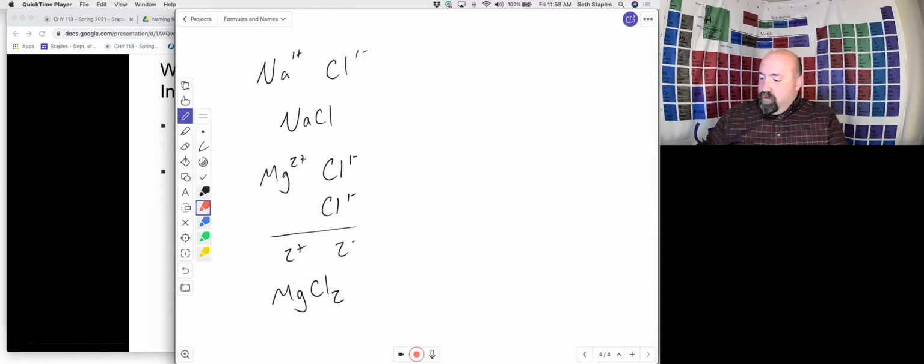And so this 2 right here, this subscript in my chemical formula, tells me that I have 2 chloride ions. There's a 1 right here, but just like with exponents in math, we just don't write the 1, it's assumed. So I have 1 magnesium and 2 chloride ions, giving me a chemical formula of MgCl2.